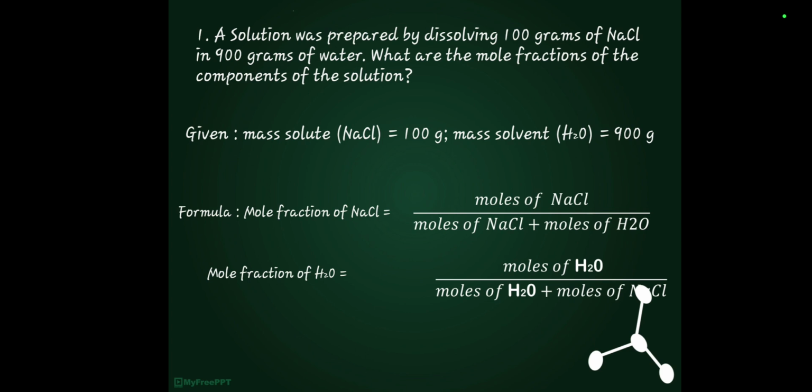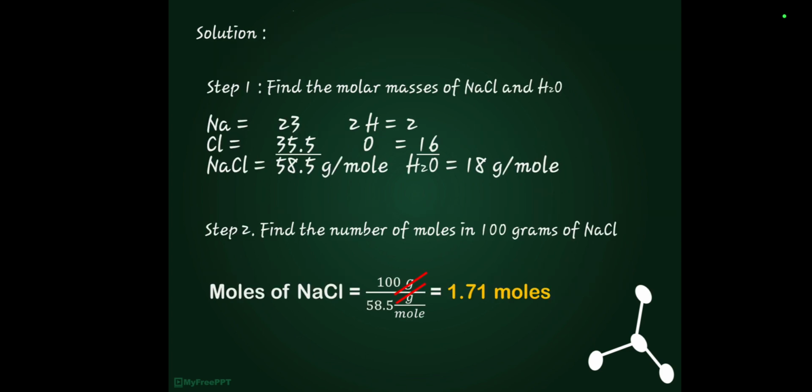Since we are looking for moles and the given is in grams, let's convert grams into moles. This would be the solution. In converting grams into moles, we have to get the atomic masses of the different elements in a compound.